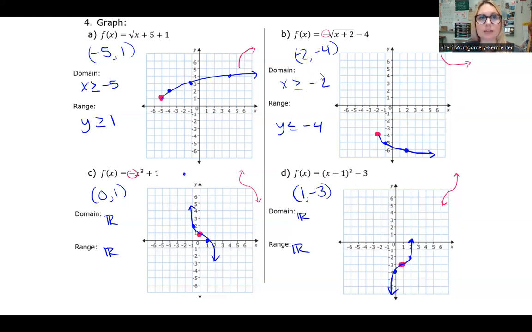That goes with X, that goes with Y. For the domain, it will always be greater than. And for the Y's, it's greater than when it's facing up and it's less than when it's facing down. And that is really it.